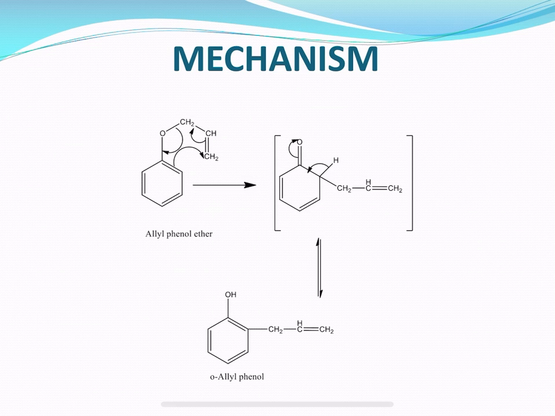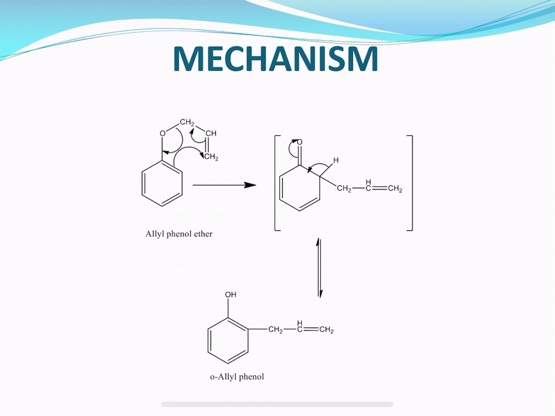The simple observations that are made in the mechanism of Claisen rearrangement are, in this the electrons are pushed around the 6-membered ring in an electrocyclic process. So that is why I said it is a cyclic mechanism.